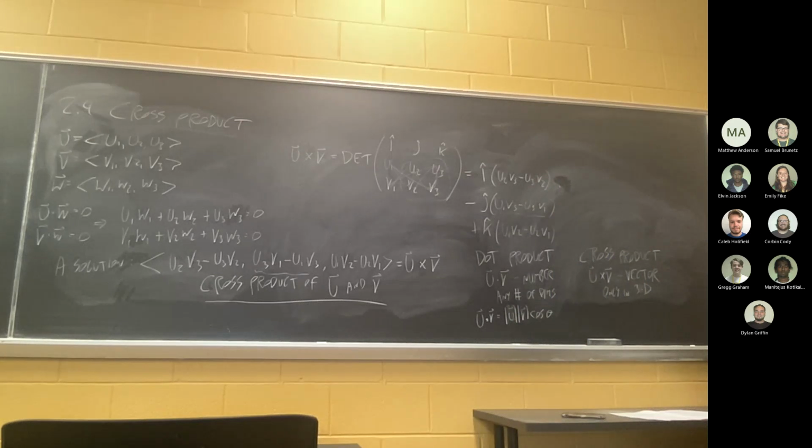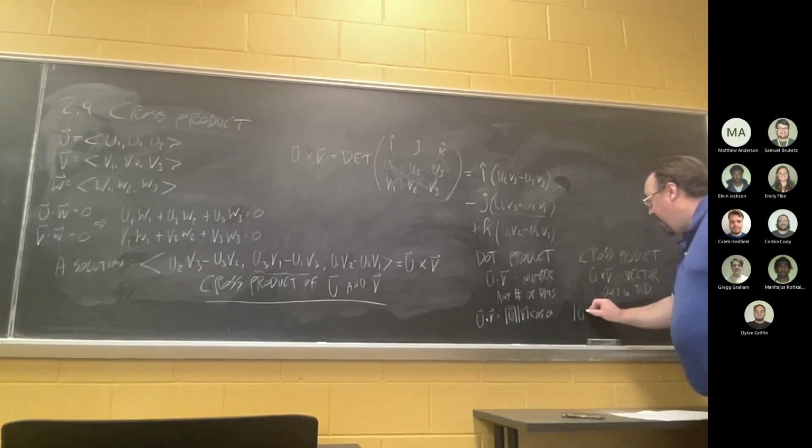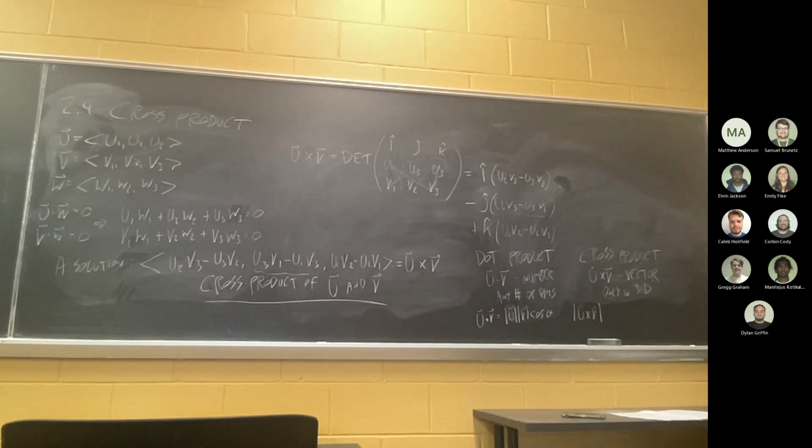We have something similar for the magnitude of the cross product. Remember, a cross product is a vector. The magnitude of that vector is equal to the magnitude of u times the magnitude of v times the sine of the angle between them.